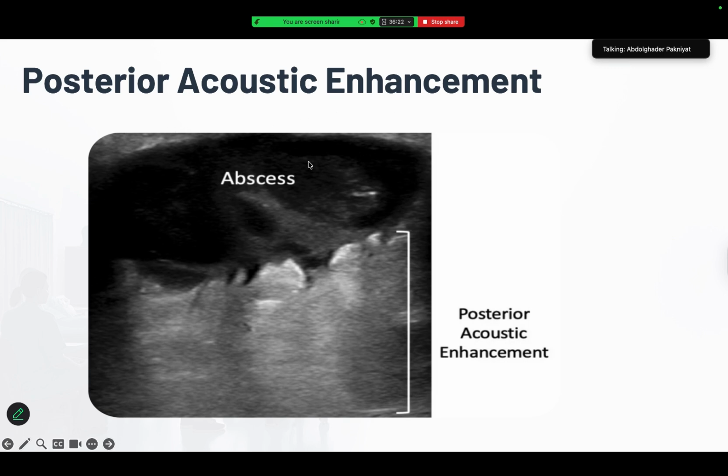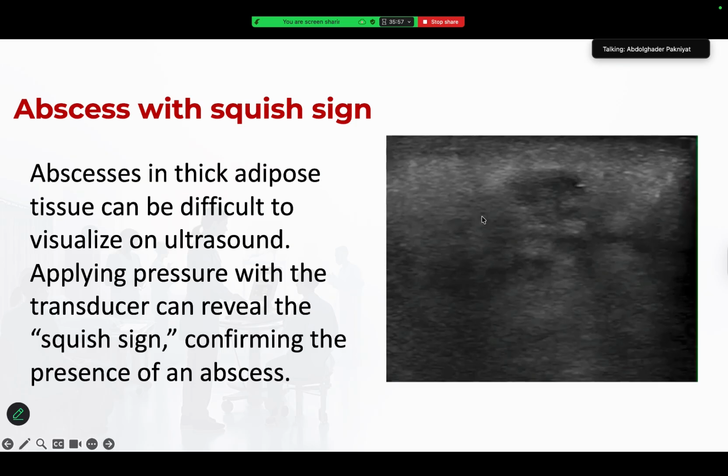Because the abscess is filled with fluid, and fluid enhances transmission of sound, we have a brighter appearance at the posterior side of the abscess. So it's a good landmark to differentiate abscess from other lesions like lymph nodes or cysts.